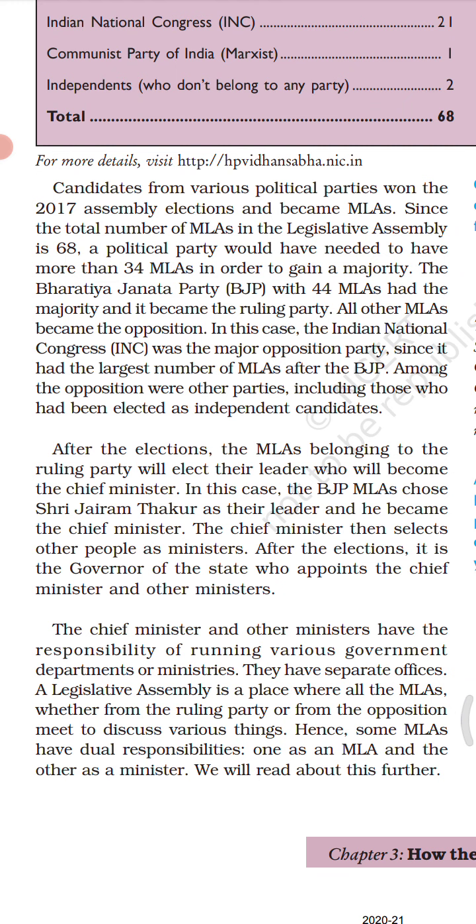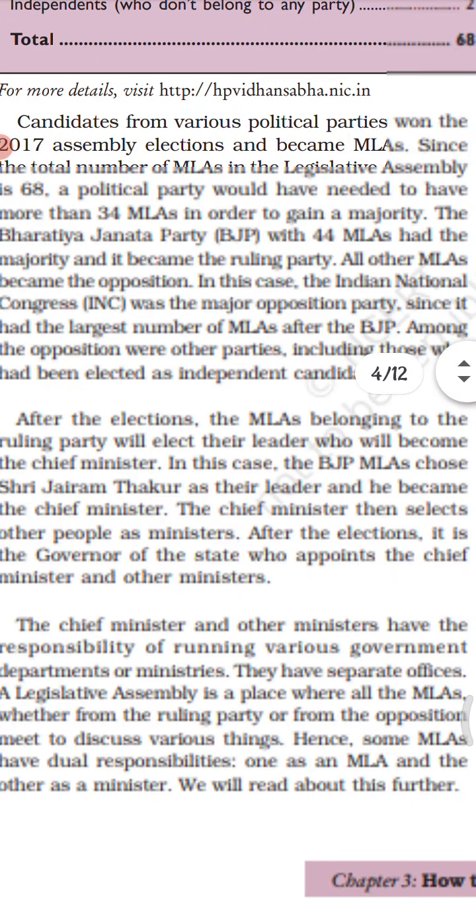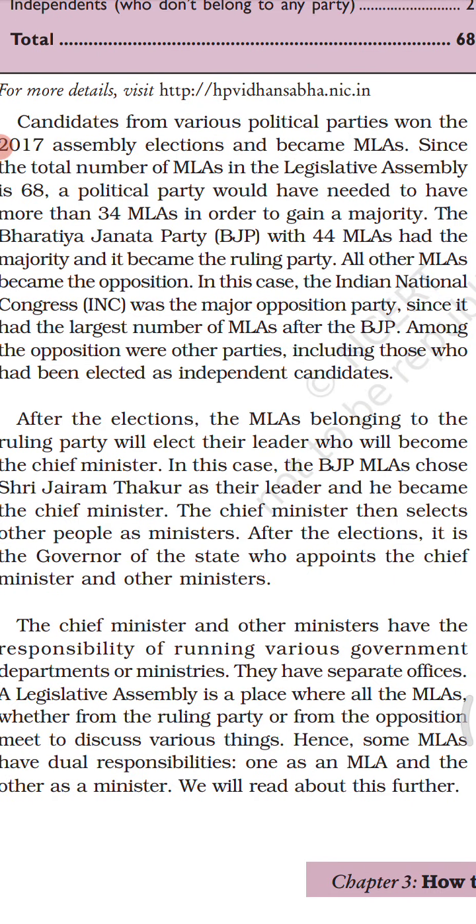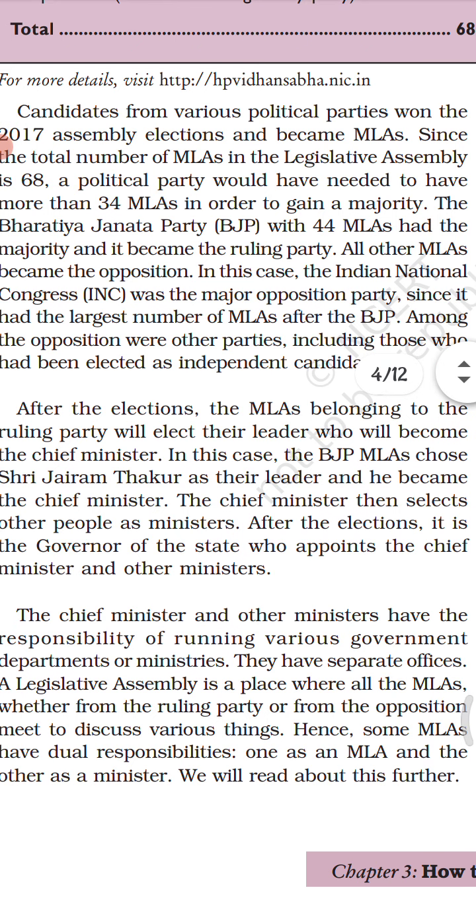So the party with the majority of seats elects their leader as their chief minister. I think this is understood. In this case, the BJP MLAs chose Shri Jairam Thakur as their leader and he became the chief minister. The chief minister then selects other people as ministers.